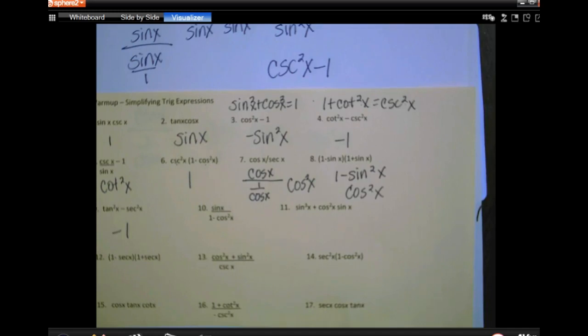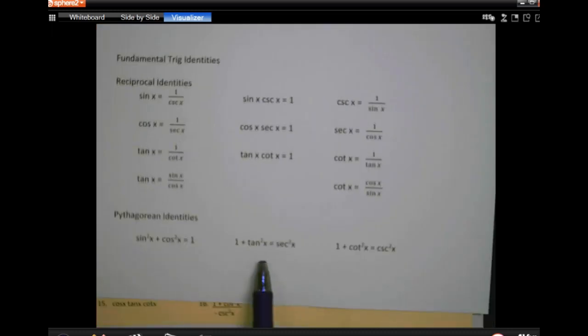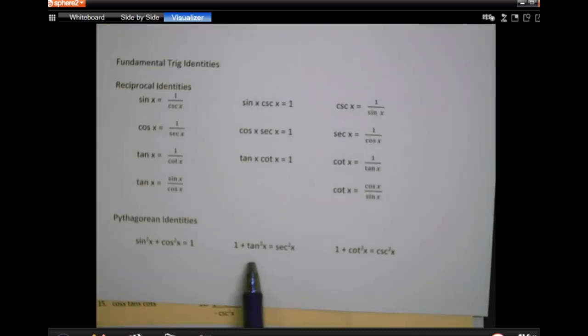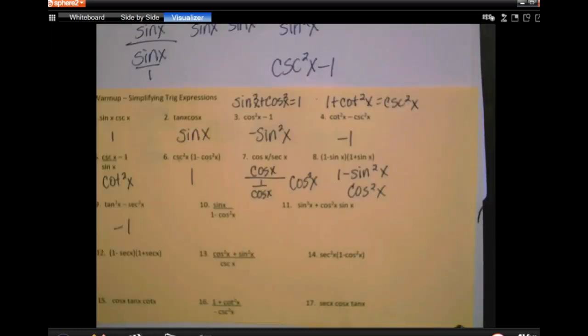Okay. Angie, it's this. 1 plus tangent squared is secant squared. So tangent squared, if I move the secant squared this way, I have to move the 1 the other way. Well, you should have taken better notes. So 1 minus sine squared.